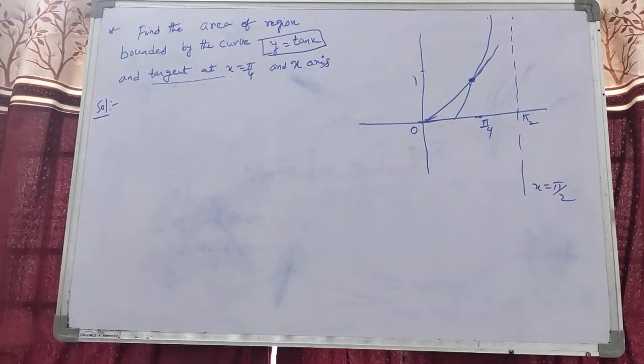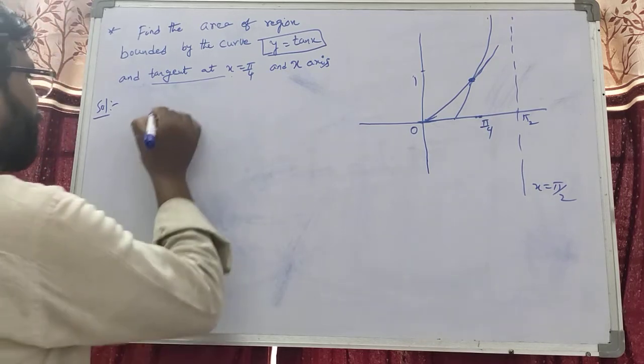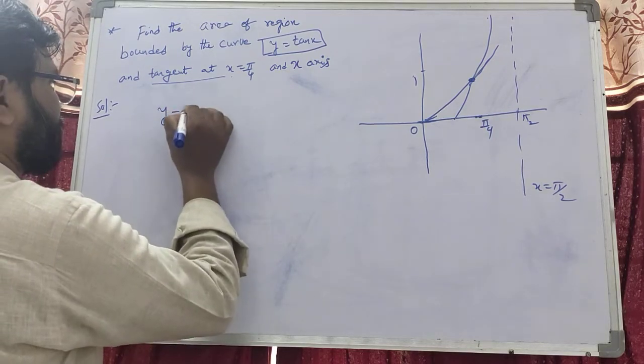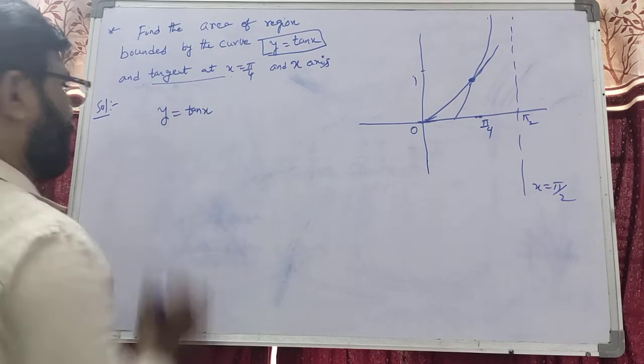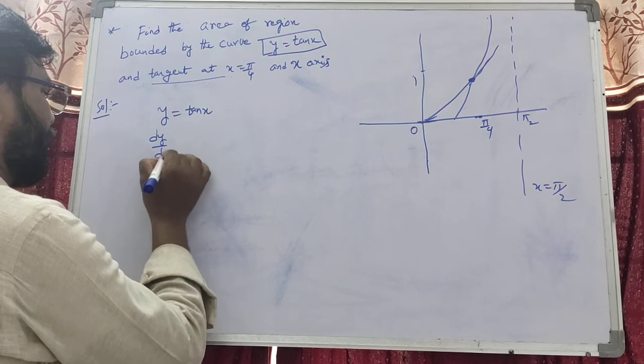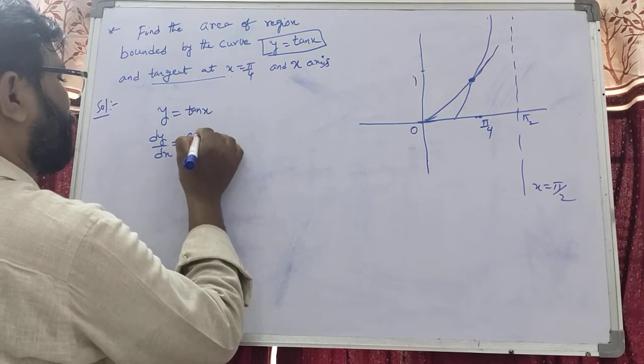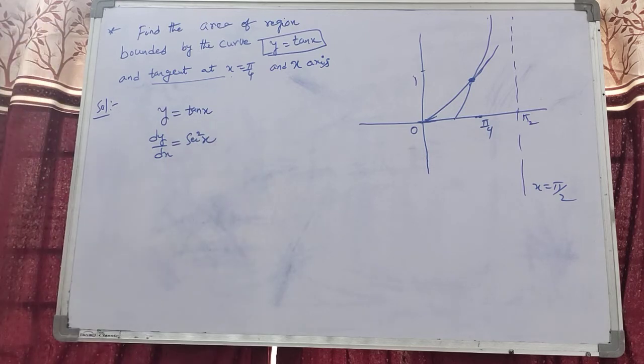Dear students, we take y equals tan x. What is the point of intersection? Therefore how to find the tangent? dy by dx. The derivative of tan x is secant square x.